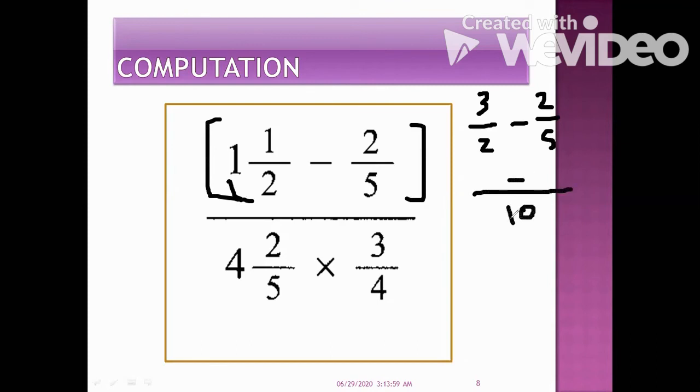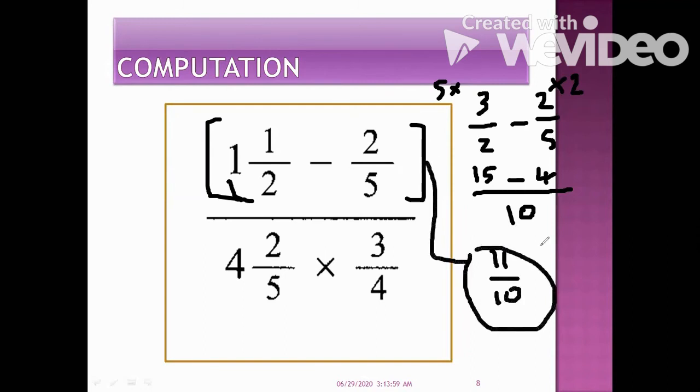It turns out that the LCM of 2 and 5 is 10. 2 into 10 goes 5 times. 5 3s are 15. 5 into 10 goes 2 times. And 2 2s is what? 4. 4 from 15 is 11. So the top piece is 11 over 10.